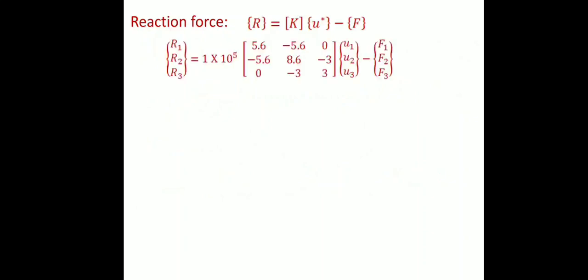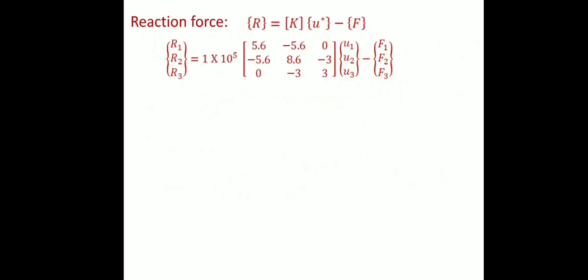Now we need to find the reaction force. For that, we need a new equation, that is R is equal to K into U minus F. The difference between K into U, that will be the multiplier factor, minus F. And when substituting all the available values, we will get this equation.